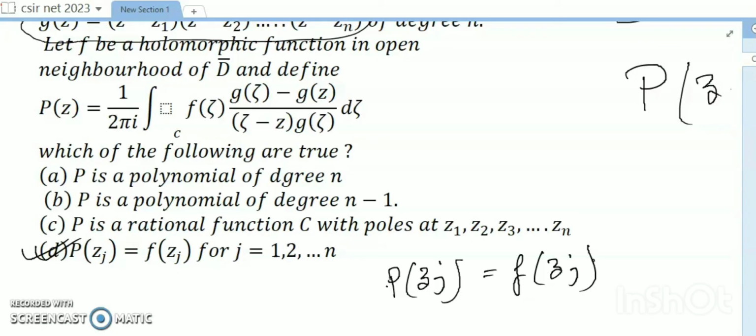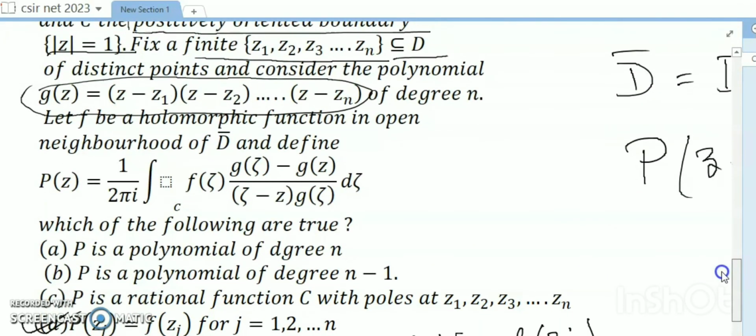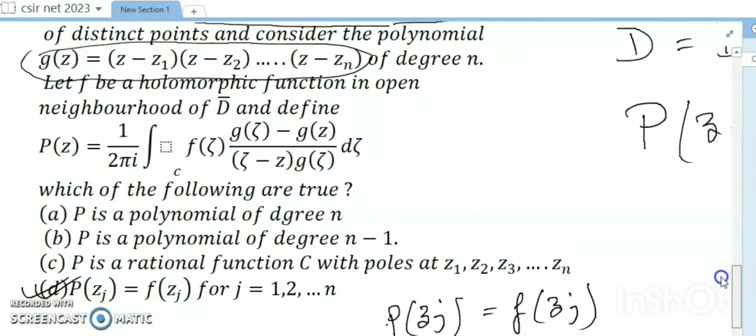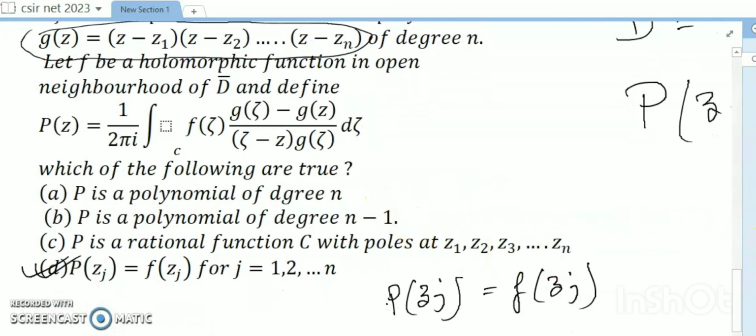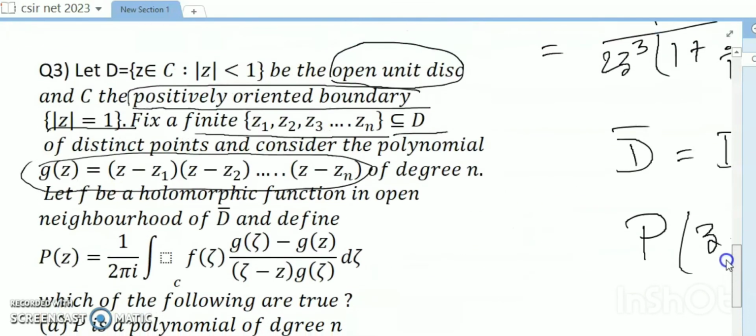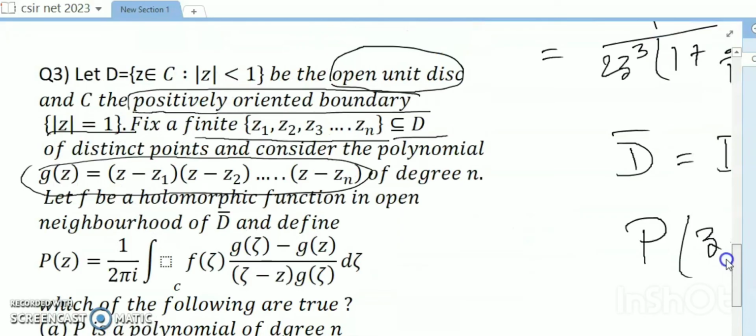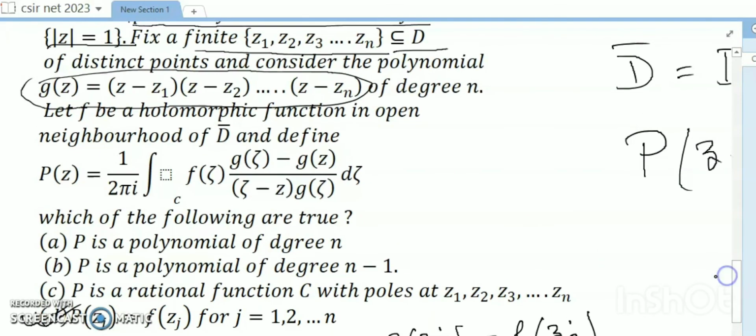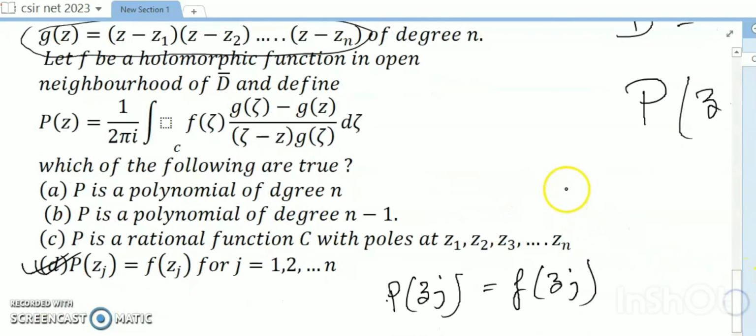So suppose f is a holomorphic function, okay, no problem. Suppose f(z) is equal to a constant function in an open neighborhood of D bar.